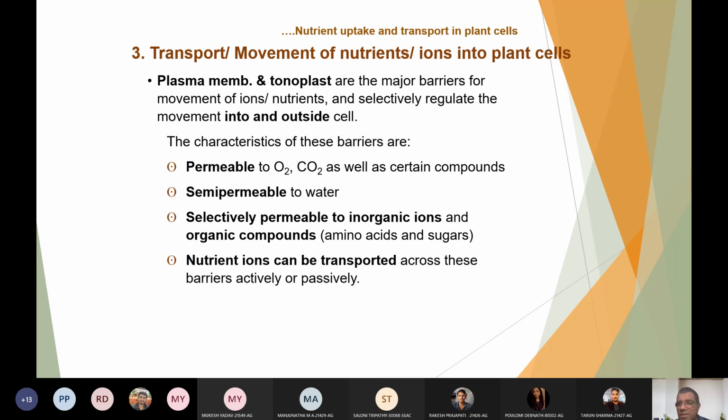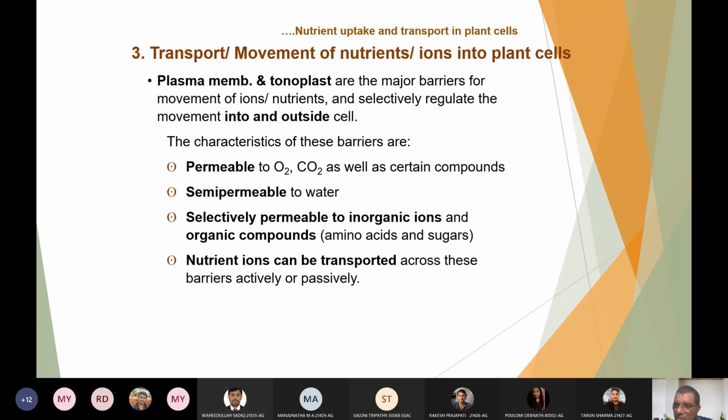So what is this tonoplast? Can anyone tell about tonoplast? What is tonoplast? Yeah, Wahid. What is tonoplast? Yes, sir. It is a kind of transportation membrane. It transports the nutrients. Okay. Manju, what is tonoplast?